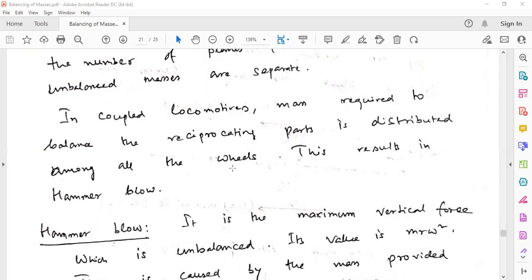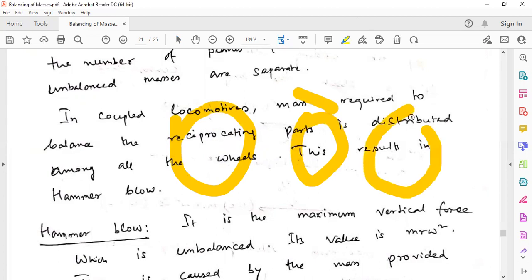So here, in a coupled locomotive, you see reciprocating parts, since the wheels are rotating, right? So there will be some reciprocating motion. In locomotives, you have seen this: one wheel, another wheel, wheels like this.